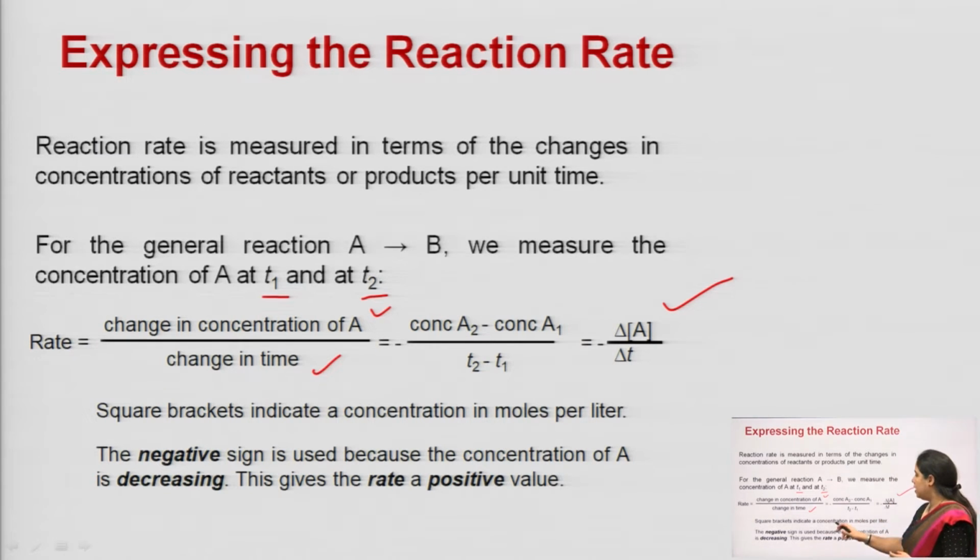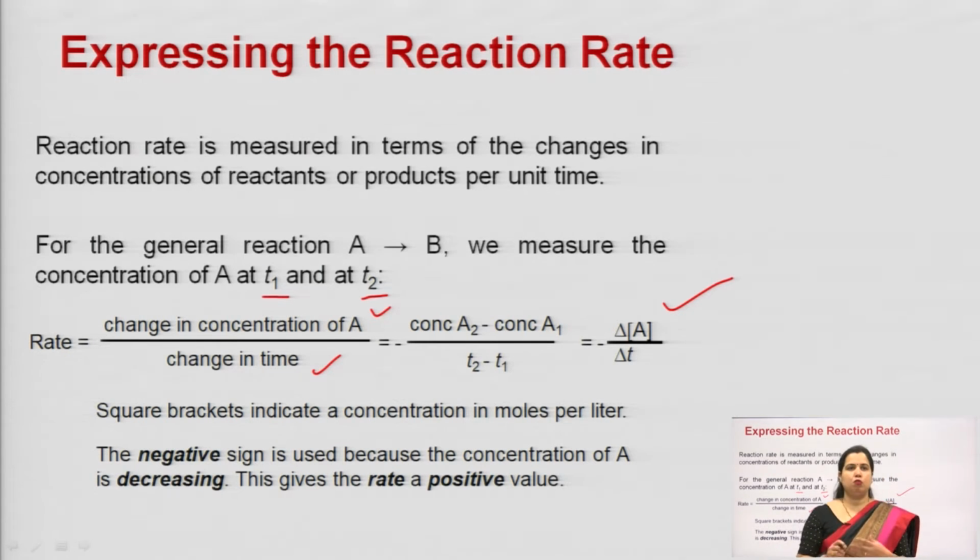Square bracket indicates a concentration in moles per liter. So, usually we take the concentration in moles when we analyze rate of reaction. The negative sign is used because the concentration of A is decreasing. Yes, this gives the rate a positive value.